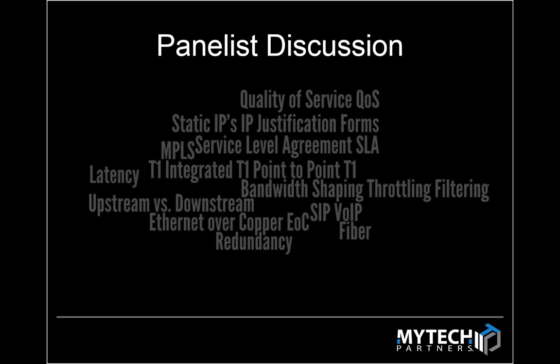SIP I see playing more of a factor in large-scale environments where someone may need 50 lines or more of service, because then you can deploy, say, 100 lines over a single pipe coming in, and then you configure it. You might have a high availability setup with voice for a call center application.